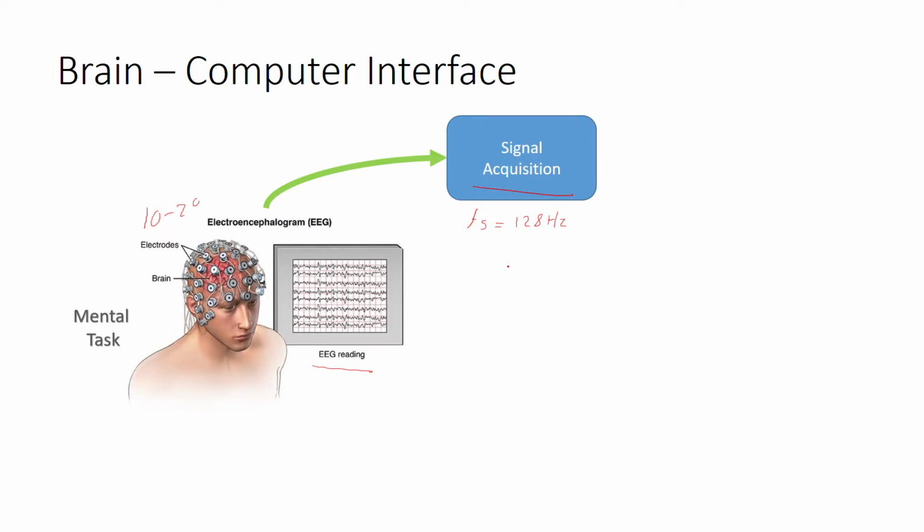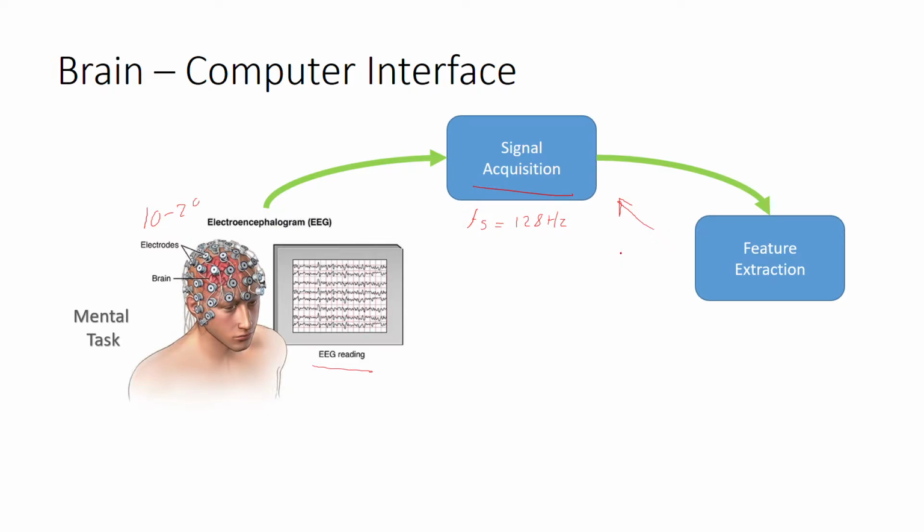So the feature extraction can be done then. Why? Because you need to select some features that will be very important to identify some mental state. Let's say a mental state could be mental fatigue, or maybe if you try to imagine a movement, let's say if you're trying to imagine that you're moving your right hand, or maybe your left hand.